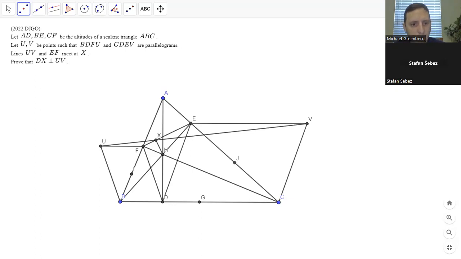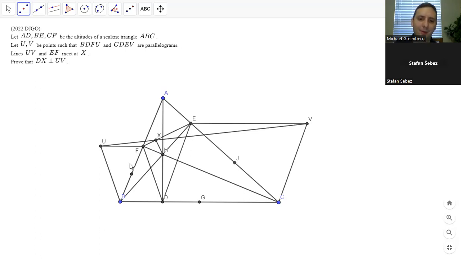UF is BD. UF equals BD. So what is UF over EV? So UF over EV is BD over DC. And HD is perpendicular to BC. Oh, because these triangles are similar right here, HFE and HBC.